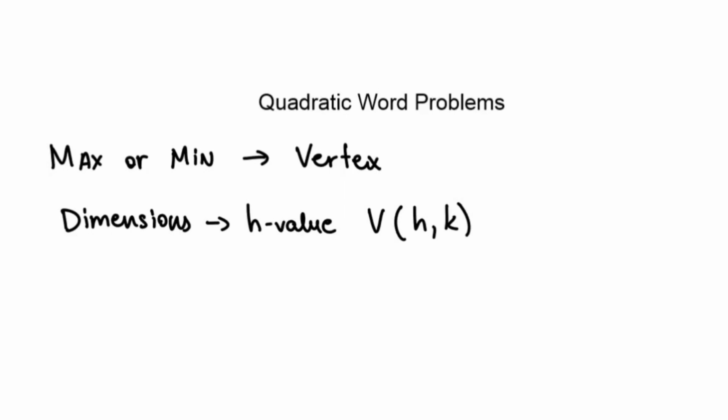To find the other dimension, you'll have to use the relationship between the two dimensions. It's very important that you define your variables at the beginning of the problem. And if necessary, you need to rearrange and isolate for one of the variables, expressing one in terms of the other one.